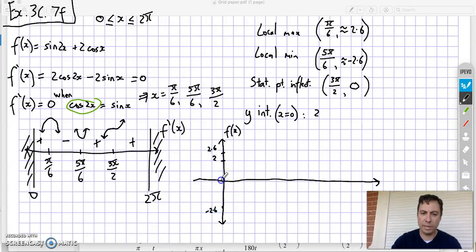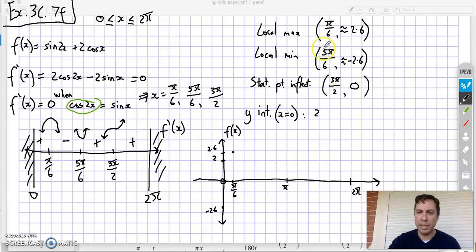That's 0. We're starting here, going up to 2 pi, so I draw that on first. I go about halfway, that's pi. I know my max will be at pi on 6. How many squares did I do? 1, 2, 3, 4, 5, 6. That's nice. So the max is going to come in here, where x equals pi on 6.